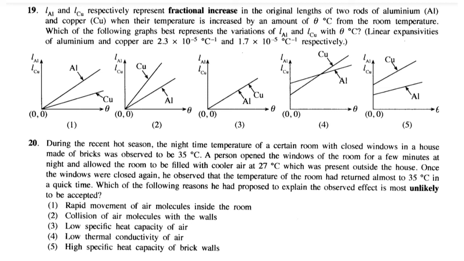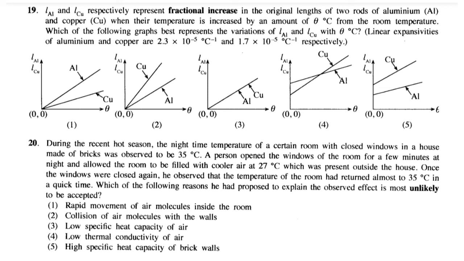Air molecules collide with the walls and absorb heat, and it affects the rise in temperature inside the room. Third, low specific heat capacity of air. Specific heat capacity of air is low, that is right. With a little heat, it will rise its temperature. So the third answer is also acceptable.